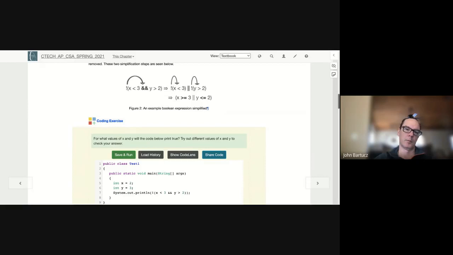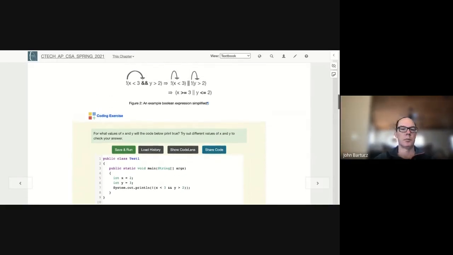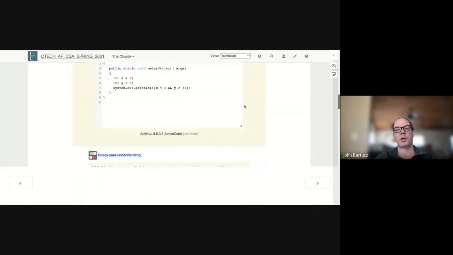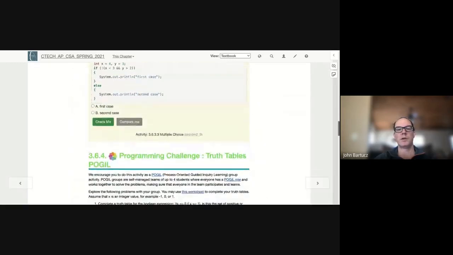Is not x less than 3 and y greater than 2 the same as x is greater than or equal to 3 or y is less than or equal to 2? And you just have to be able to, either using a truth table or logic or however you want to do it, say whether they are the same or not.